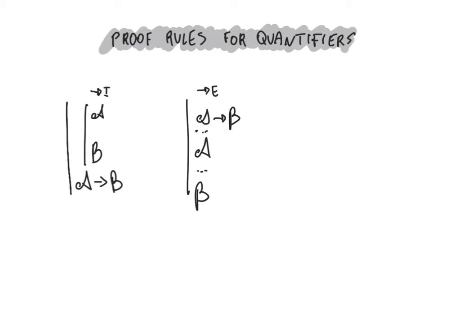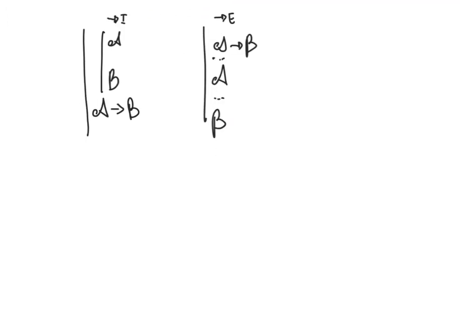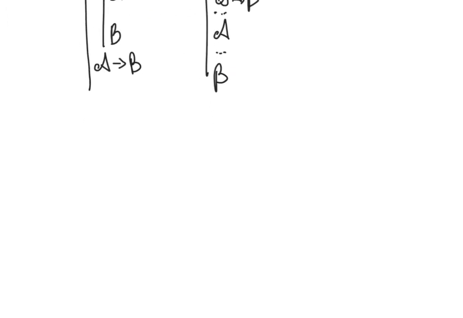Now, just like the connectives, quantifiers have their own introduction and elimination rules. So we're going to introduce 4 rules: universal introduction, universal elimination, existential introduction, and existential elimination. 2 of these rules are very easy, and the other 2 are much harder.